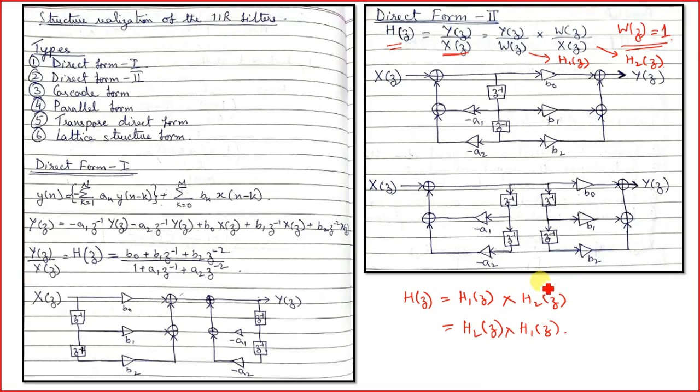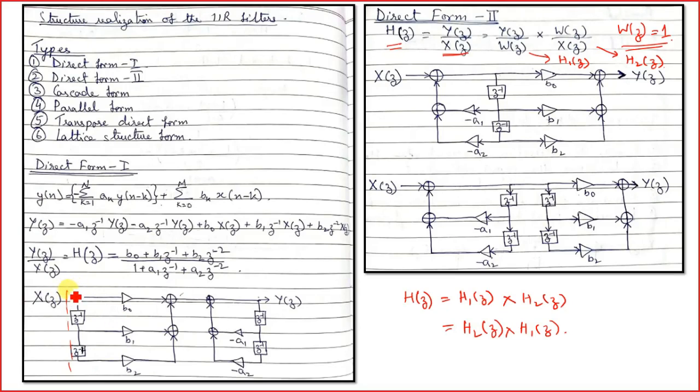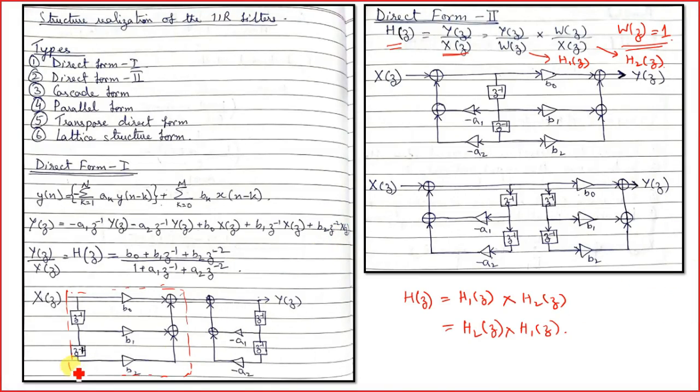So what we can do over here, if you consider this first one in the direct form 1, this part, let's say this one is H1z and the next part is H2z, then we can interchange H2z and H1z and vice versa.